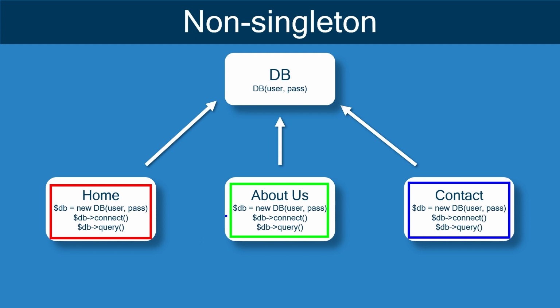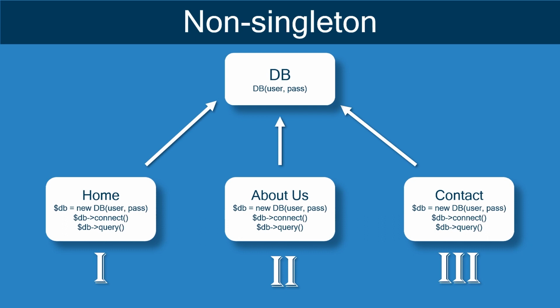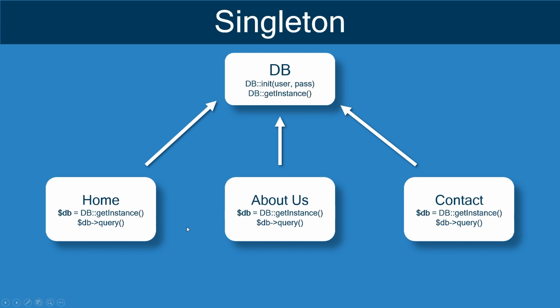This is why we can store our database instance in some place, in CodeIgniter's case the service factory, but there are other methods that you can use to store the singleton. Then we can just retrieve this connection only when we need it. And this way we are sure that each and every object gets one and only one instance of database.